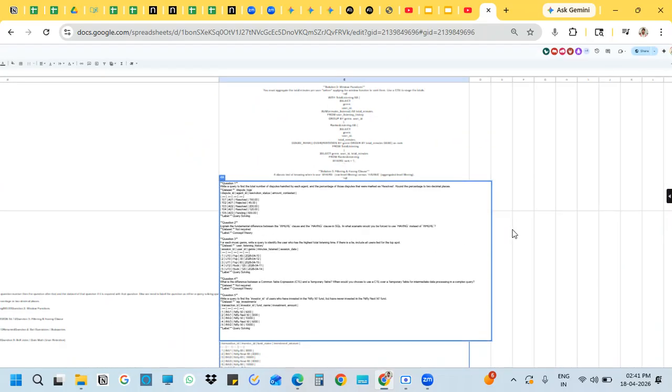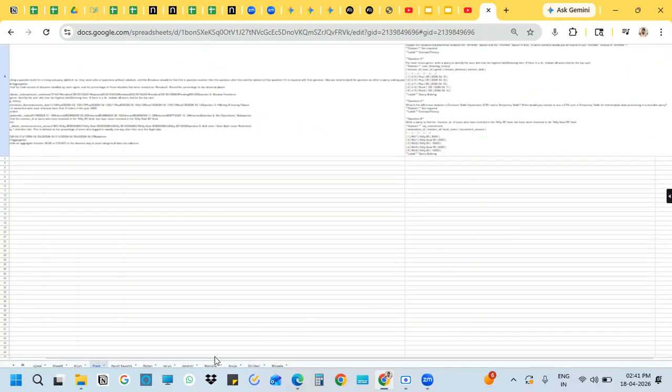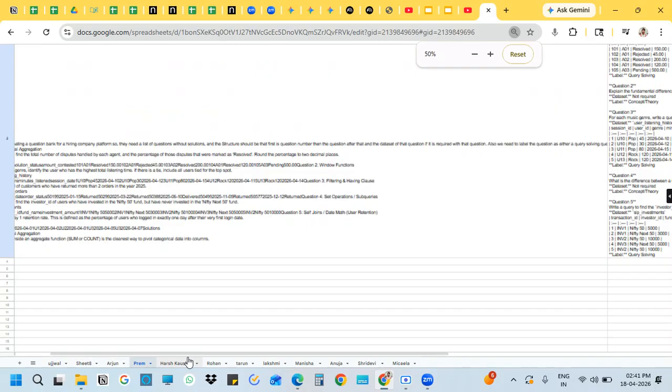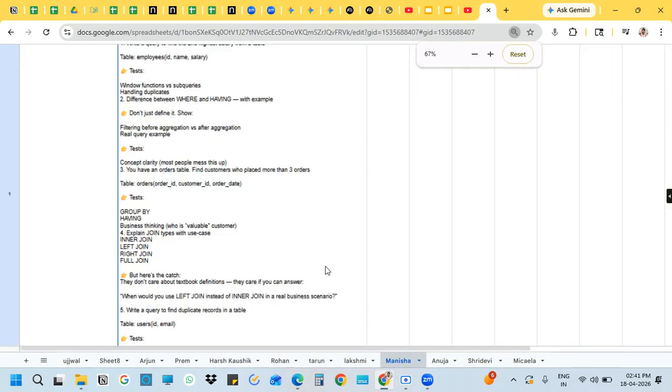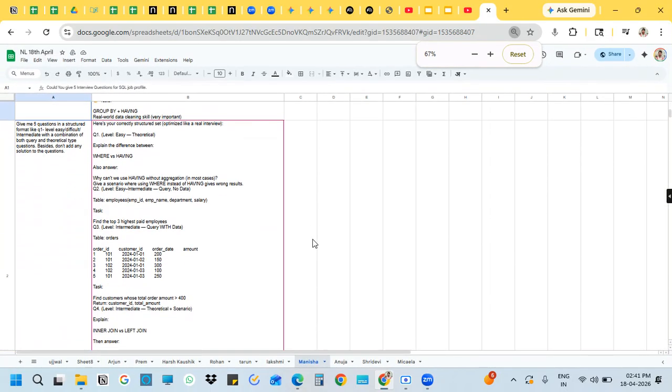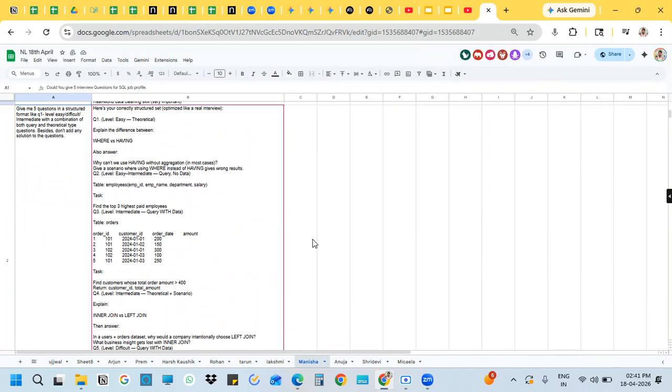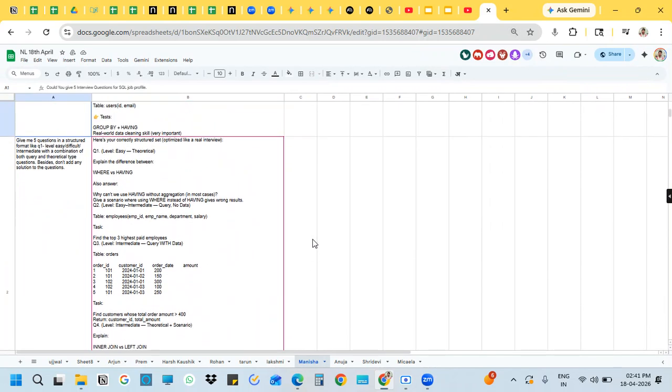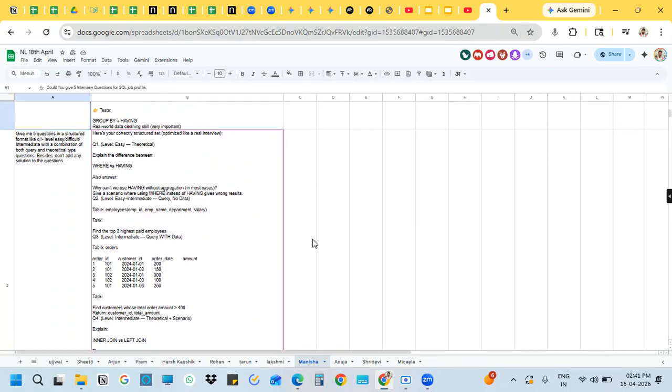So earlier Manisha wrote this prompt, and now there are some things that need to be taken care of. It already has a schema, but it just gives some concepts, some jargon, etc. Right now, give me 5 questions in a structured format like Q1 level, with a combination of both query and theoretical questions. We said don't add any solution to the question.